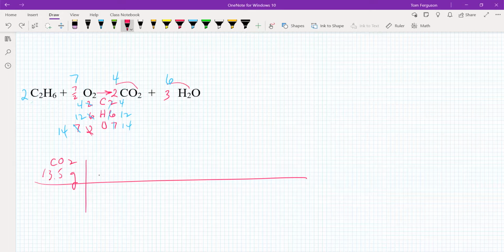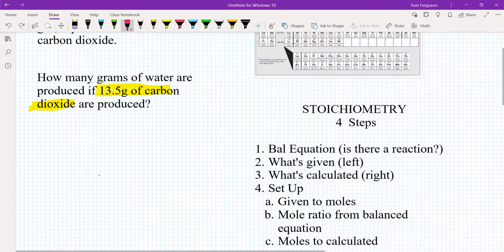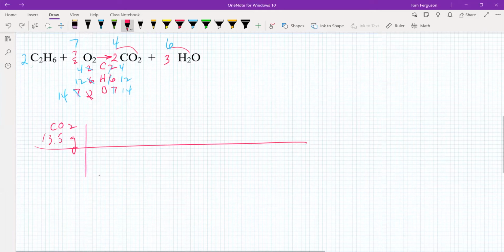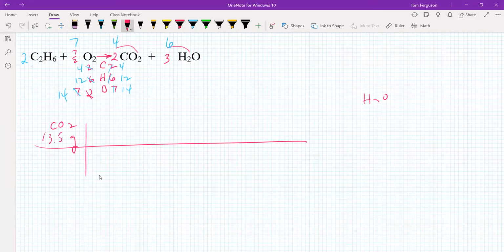Okay, so here's the given, and we're trying to calculate grams of water. That's going to be over here. First thing is we need to go from the given to moles. So always the first step is we're converting whatever's given.